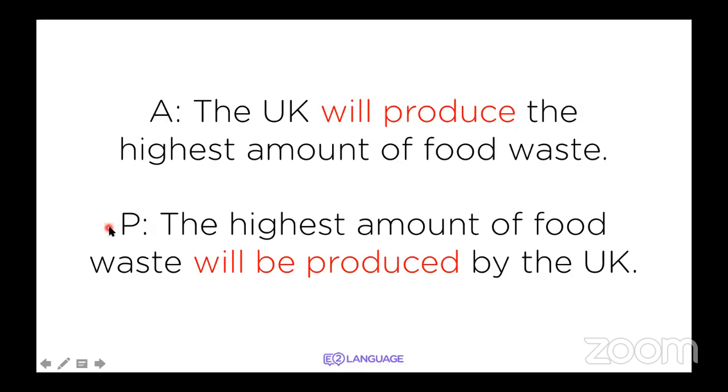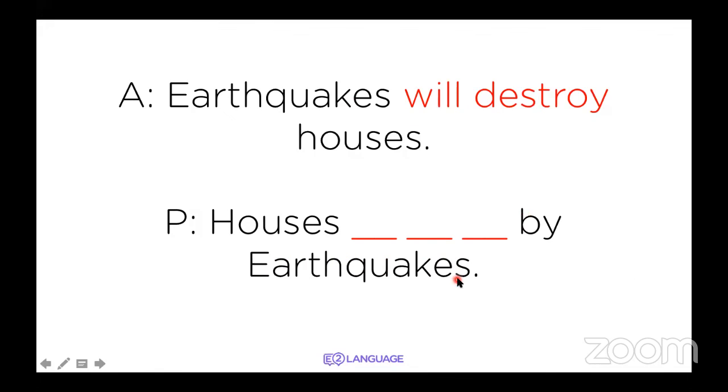Passive: the highest amount of food waste will be produced by the UK. Cool. These two mean the exact same thing. There's just a different emphasis here. The first one emphasizes the UK. The second one emphasizes the amount of food waste. Fine. Please change this verb.